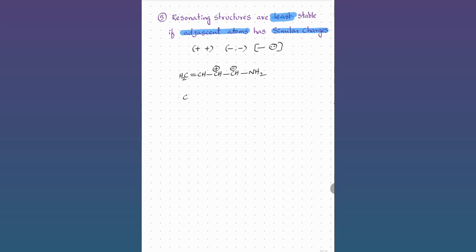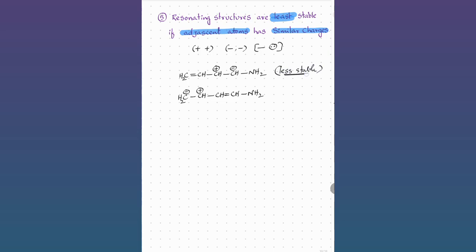The second resonating structure is CH2 minus, single bond CH plus, single bond CH, double bond CH, single bond NH2. Now students, can you tell me which of these two is least stable? Yes, whatever you are thinking is absolutely correct. The first one is less stable.